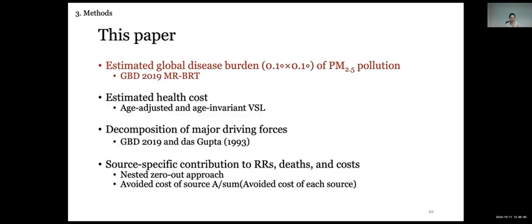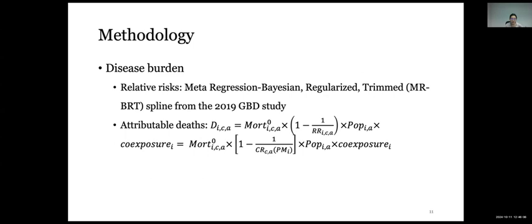So let's first look at how we estimate the global disease burden. We applied MR-BRT splines from the Global Burden of Disease study in 2019. After we estimated the relative risk, we estimated the attributable deaths using baseline mortality times the attributable fraction of the PM concentration, times the population size and the co-exposure factor. Then we calculate the total deaths from a given cause and given age group.